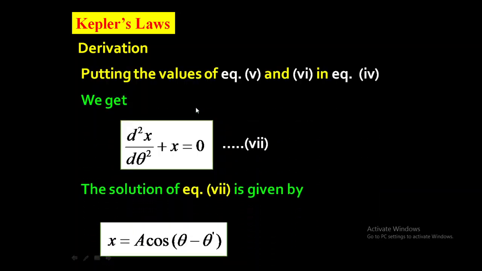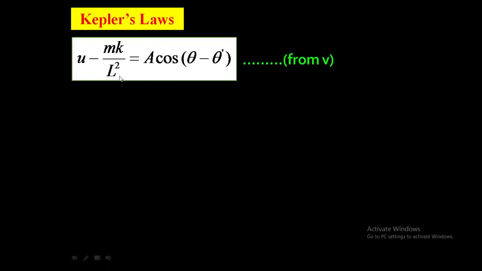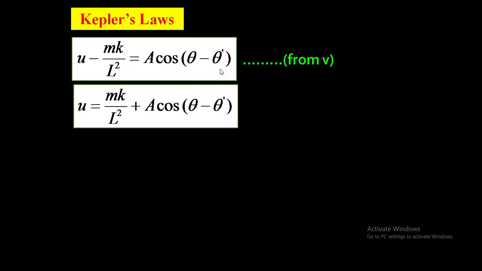So in place of x we put u minus mk upon L square, which is equal to a cos (theta minus theta dash). Next step, we bring mk upon L square to the other side, so we get u is equal to mk upon L square plus a cos (theta minus theta dash).